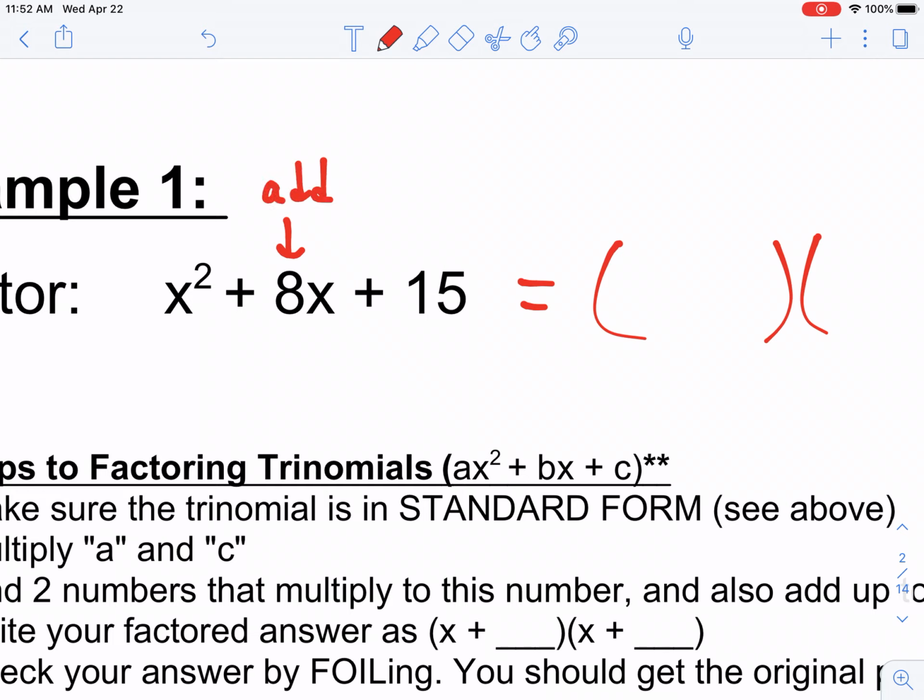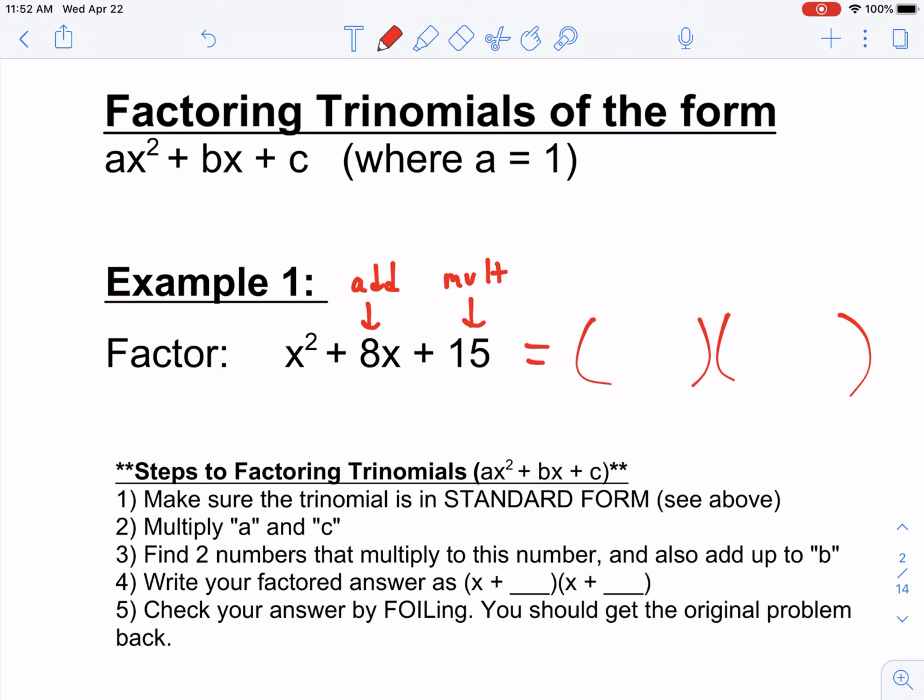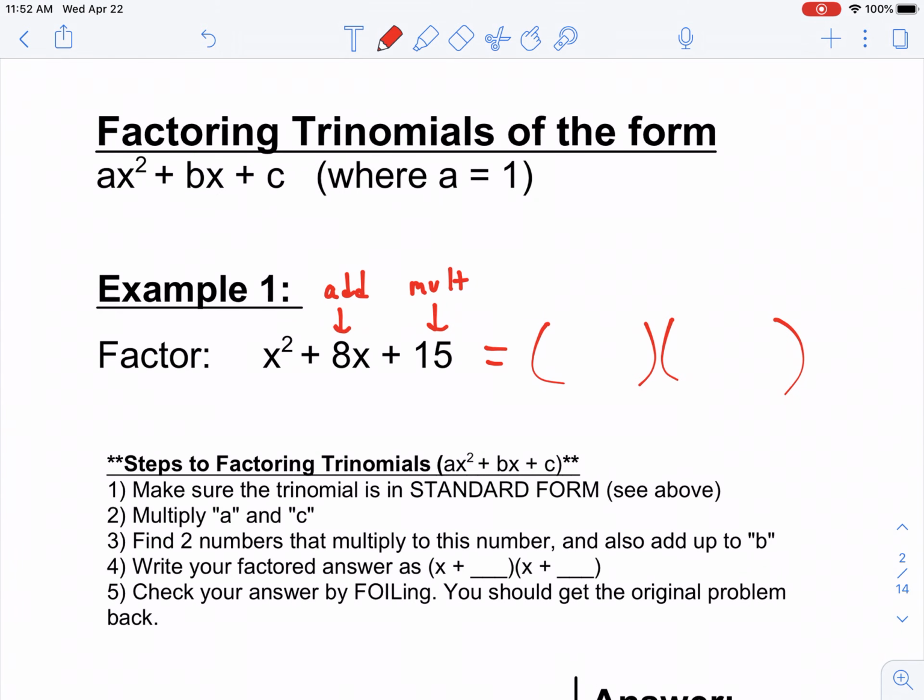See that 8 right there? We need to come up with two numbers that add up to 8 and two numbers that multiply to 15. They have to be the same exact two numbers. Okay? That's the process. You need to figure out which two numbers add up to 8 and also multiply to 15.